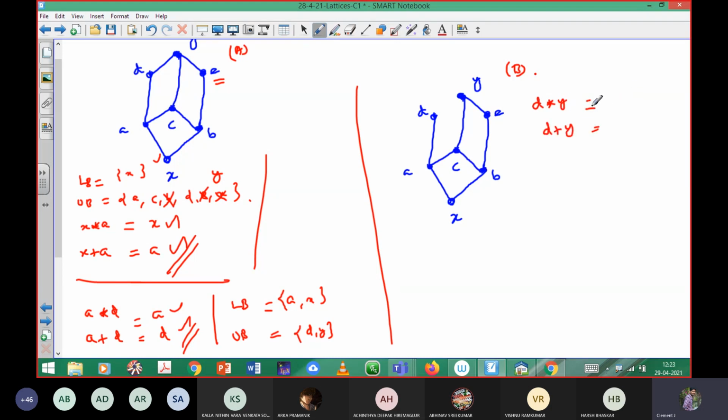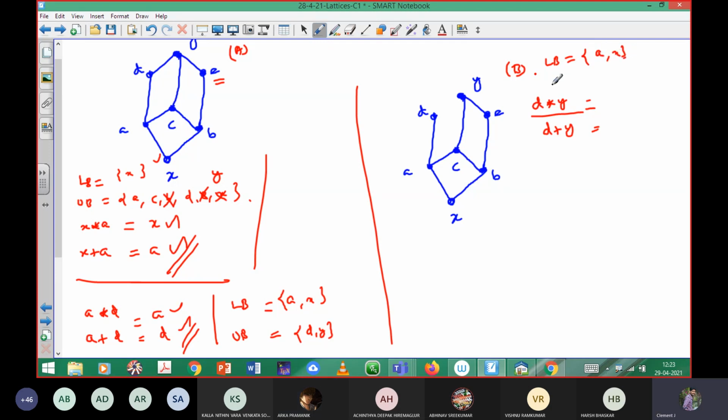In D star Y, that means the GLB of D and Y. So first I determine the lower bound. What about the lower bound for that? Can you try to say first the lower bound of D and Y? A and X. Very good.